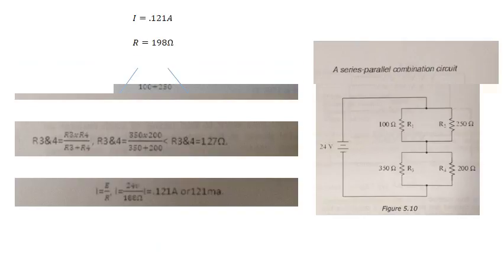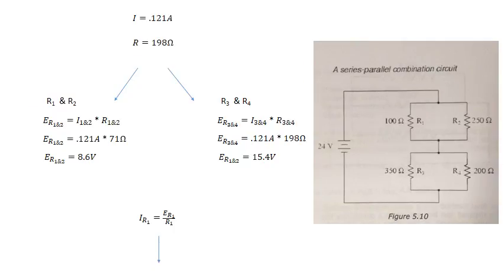Let's take it a step further to find the voltage and current drop across each individual resistor and leg. This is where you have to pay close attention and use your rules for voltage and current in both a series and parallel circuit. We have all the circuit totals. I equals 0.121 A, E or voltage equals 24 volts, and R or resistance equals 198 ohms.